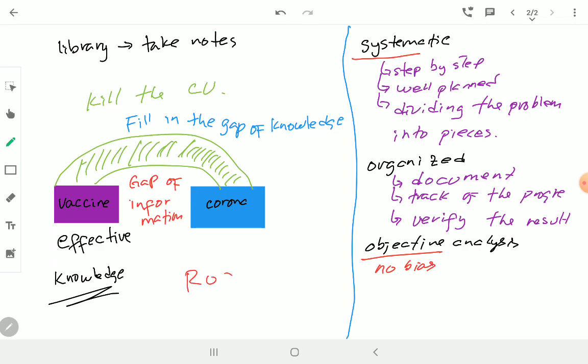For example, Russia is the first country who actually manufactured the vaccine. They call it Sputnik V, for example. But then, is it objective? Maybe not. Why? Because Russia started to politicize the coronavirus or the making of the vaccine.